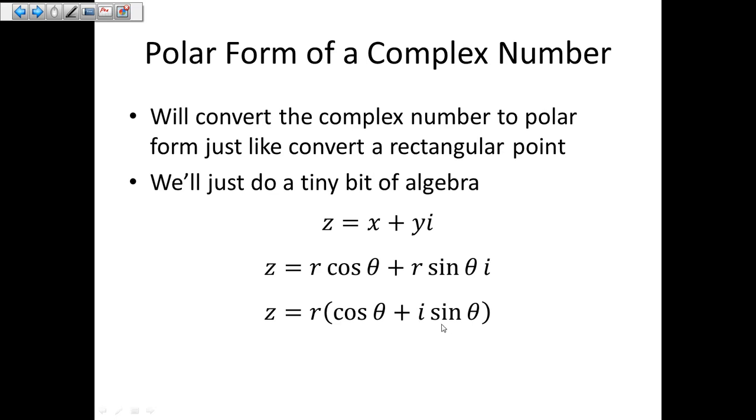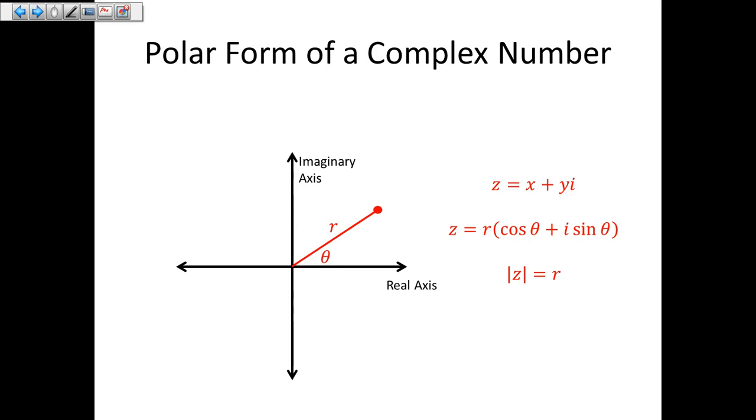Now let's take a look at what this looks like on our complex plane. So we're kind of putting the polar system on top of our complex system, and we see that r is, again, the distance from the origin. That's nothing unusual. That's what r meant before, but now r is really just the magnitude of this complex point.